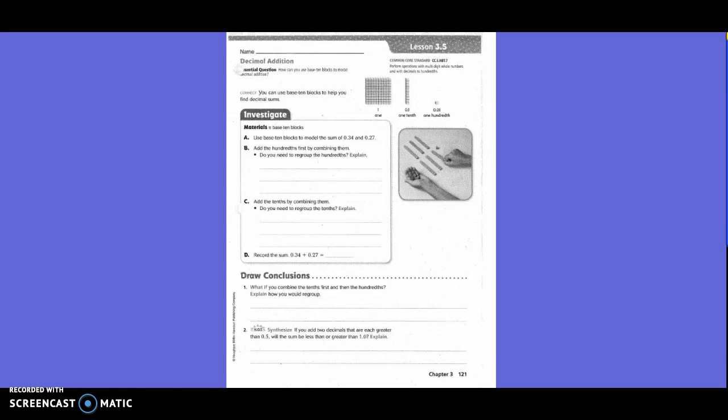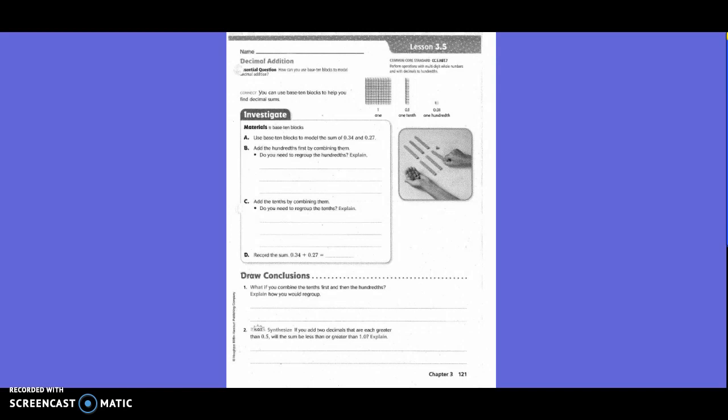Then you'd have 7 small cubes and 4 small cubes, and you would have how many of those? 11, right? And you could turn 10 of those small cubes into what? A long, right? Okay, and then that means you're left with 6 longs and 1 small cube, right?